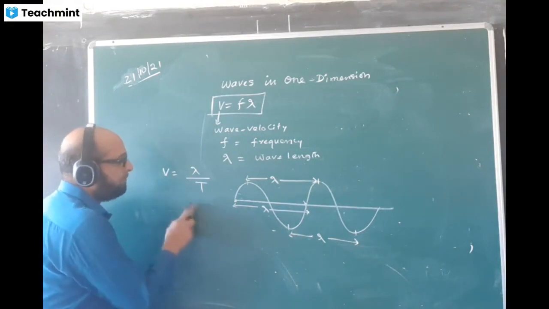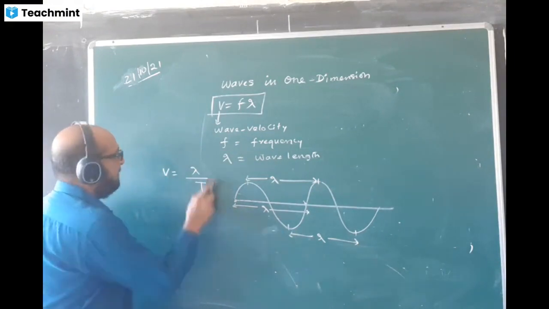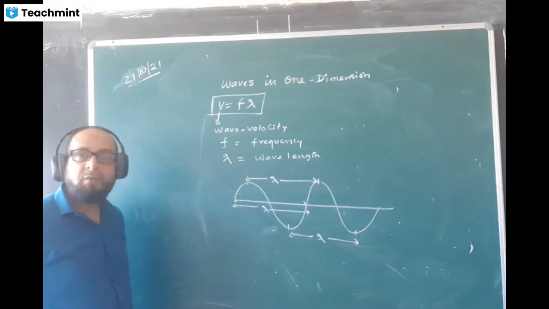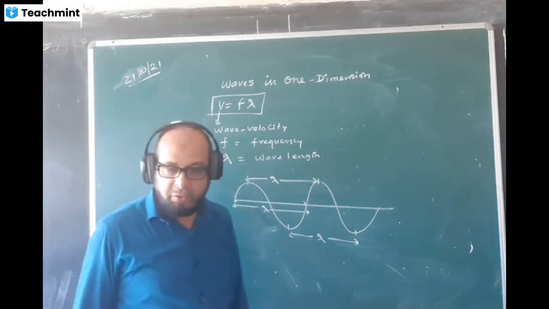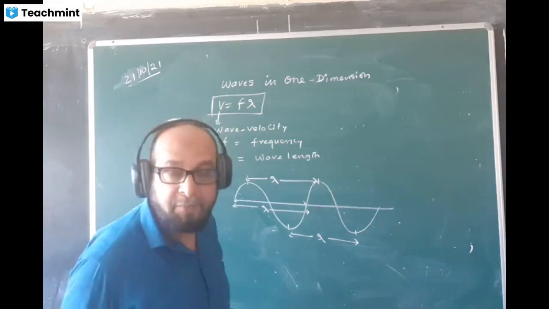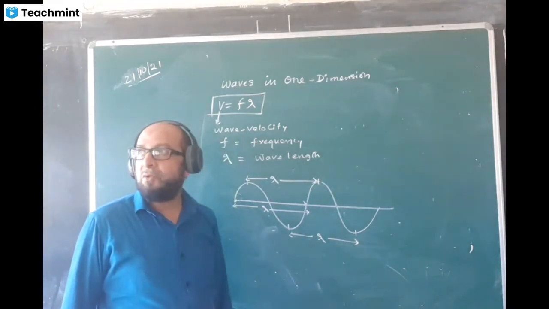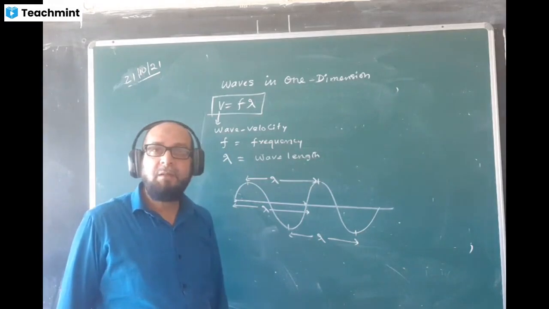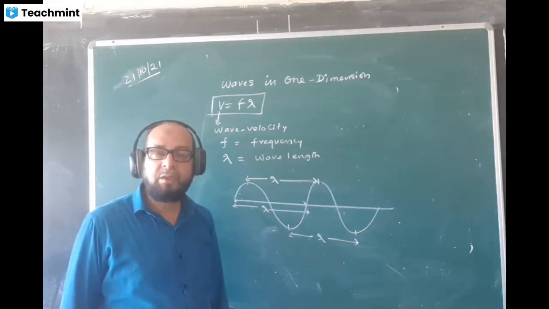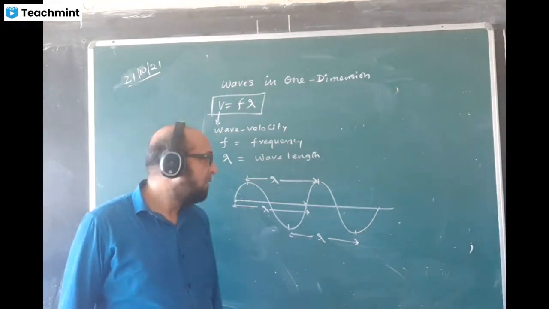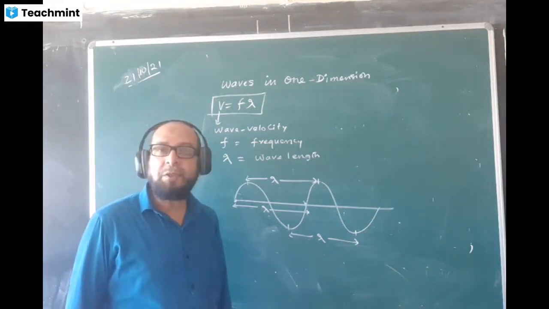Now, there are two types of waves, longitudinal wave and transverse wave. You have done this in class 9 also. Longitudinal wave is the wave in which the medium particle vibrates in the same direction as the propagation of the wave.